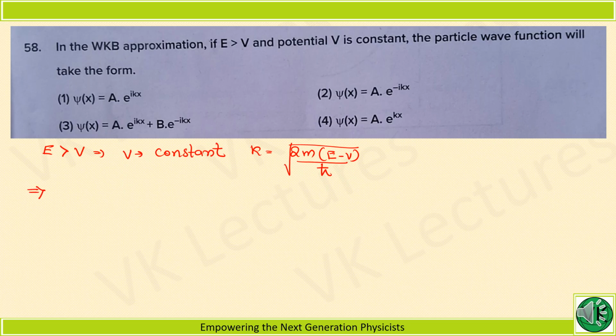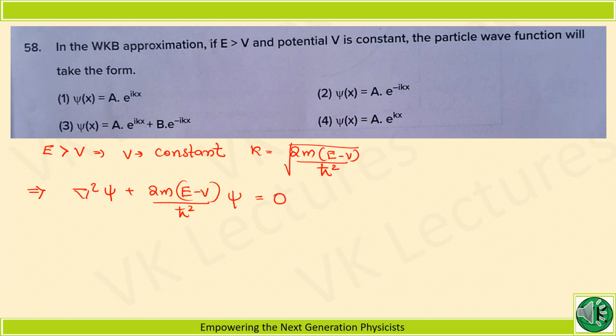Now we have the Schrödinger equation: del square psi plus 2m into (E minus V) divided by h cross square, times psi, equal to 0.